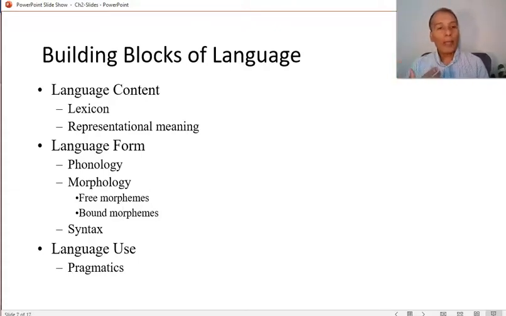So morphemes, one morpheme is the smallest linguistically meaningful unit of language. And one morpheme stands for one concept. Morphemes are not about the length.